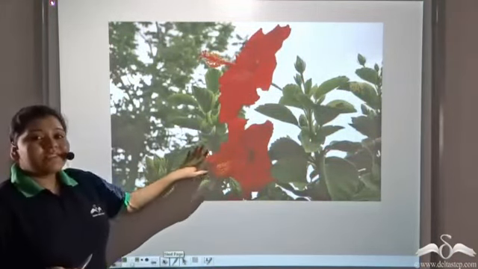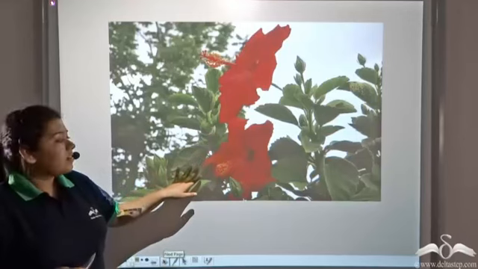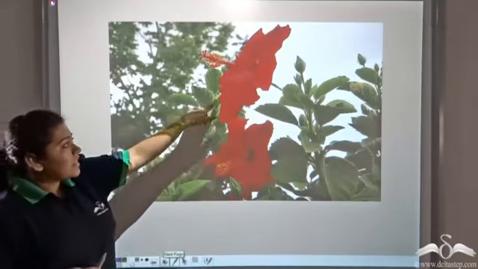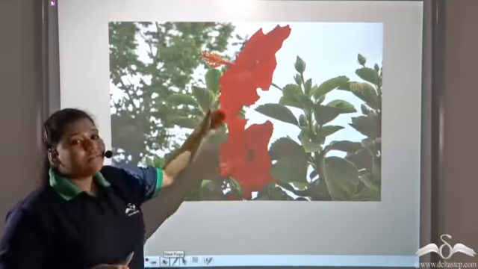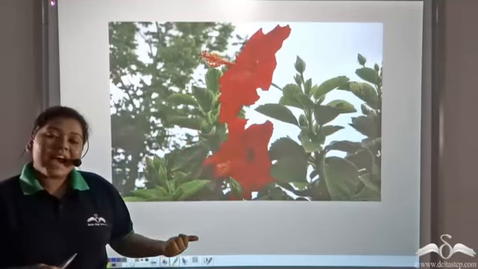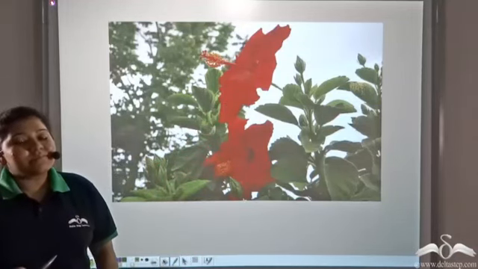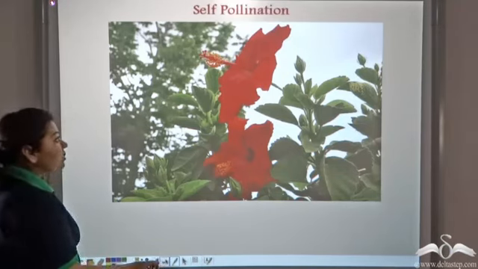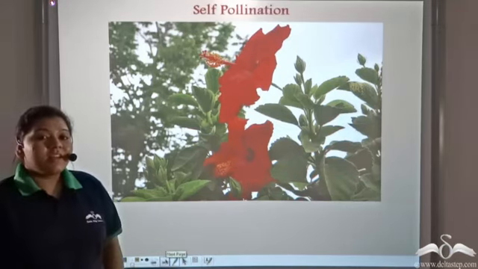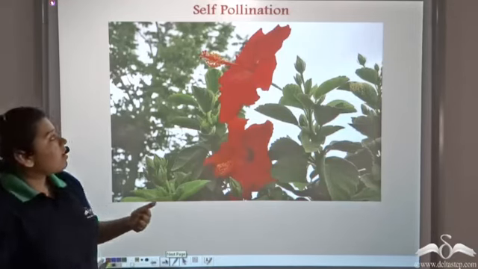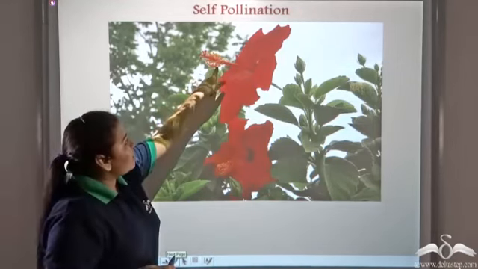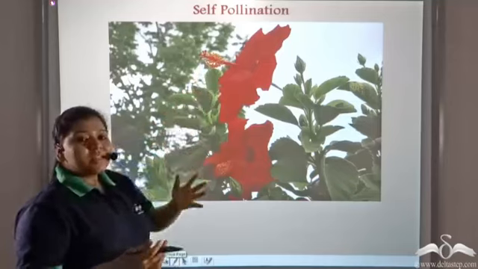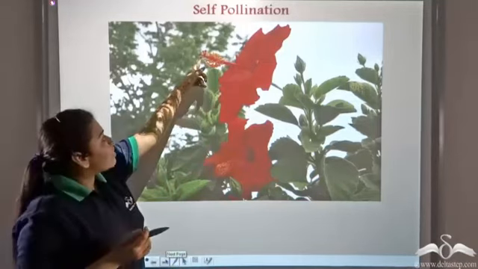Now this is a China rose flower. Now notice these flowers also have both the male as well as the female reproductive parts. So self-pollination is possible. Now notice that these anthers are situated much below the stigma.